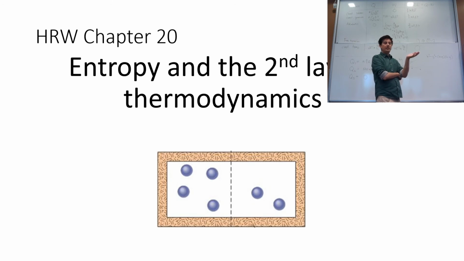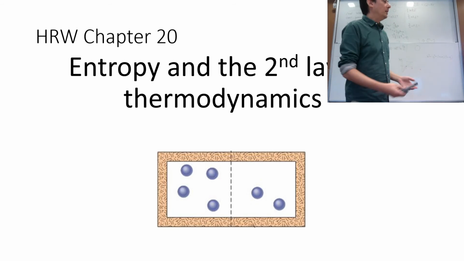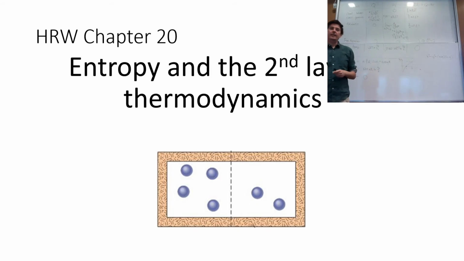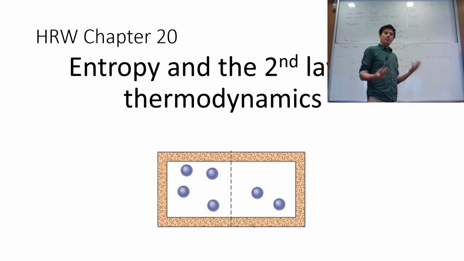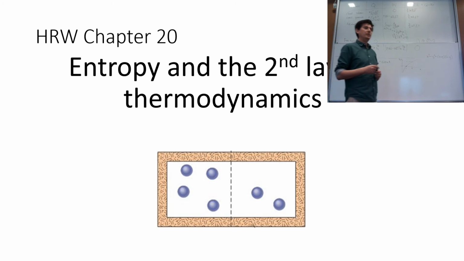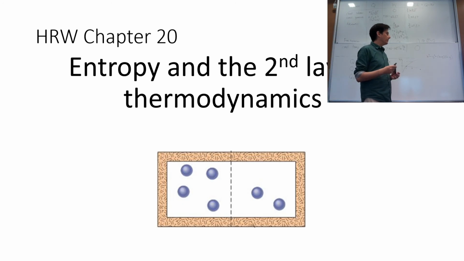It's interesting that something random doesn't seem like anything quantifiable or measurable or physically relevant, but it turns out it actually is. In fact, it's even related to other things like heat and so forth.